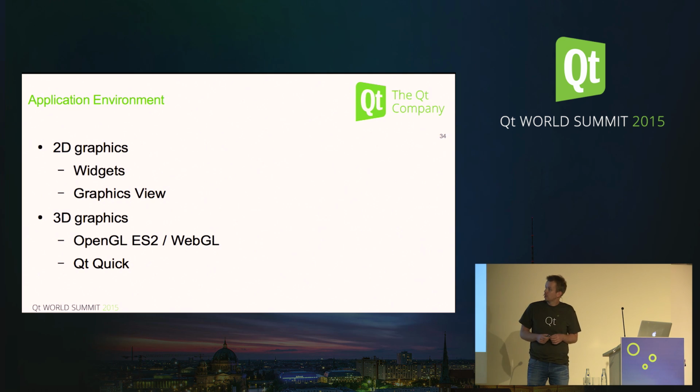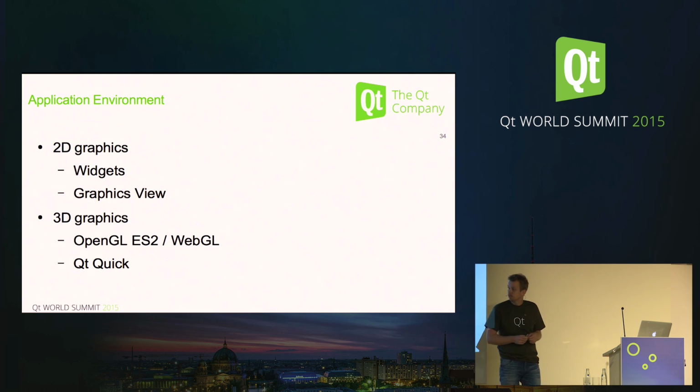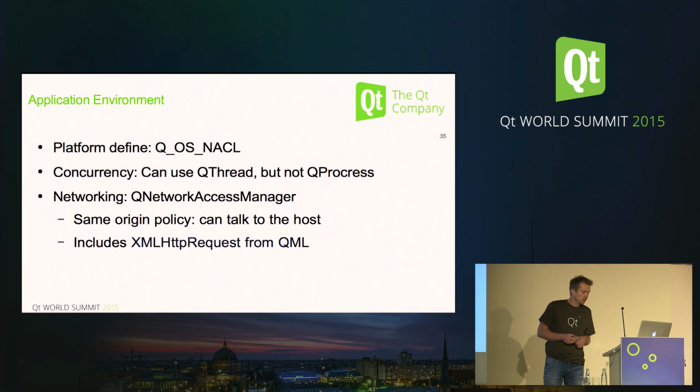So the application environment: 2D and 3D graphics are available. So widgets works, graphics view works, OpenGL works. It's an OpenGL ES2 variant, WebGL, and Qt in general is available. There's a platform define that we can use if you need to write platform-specific code. QThread is available. QProcess isn't.